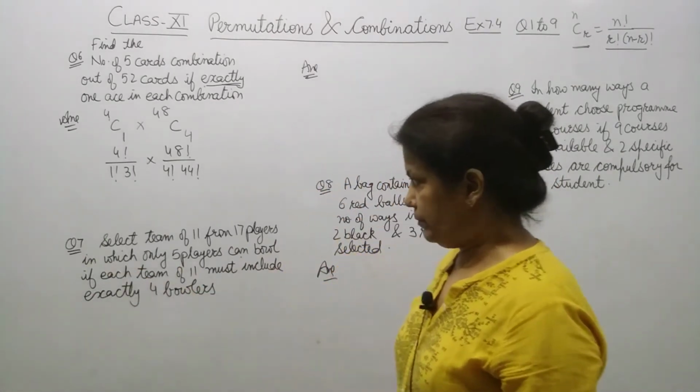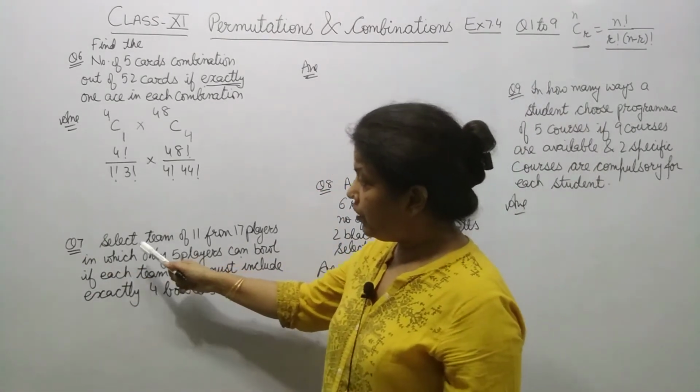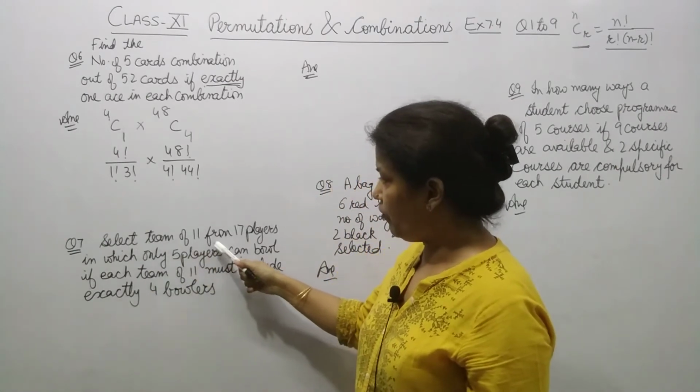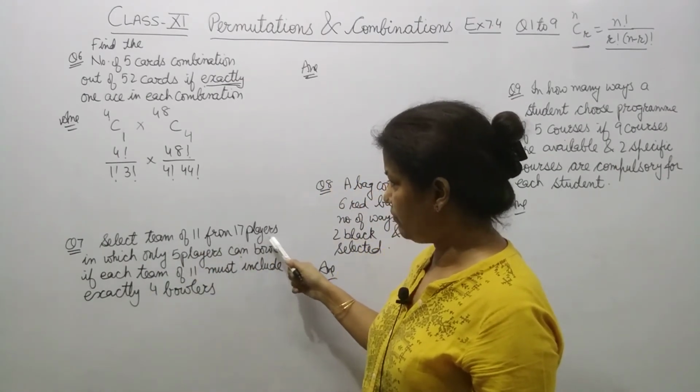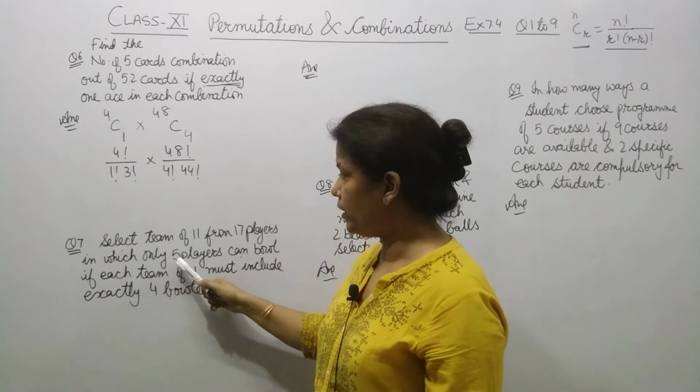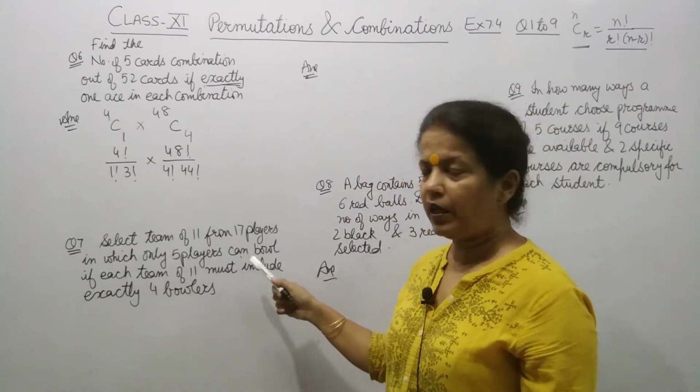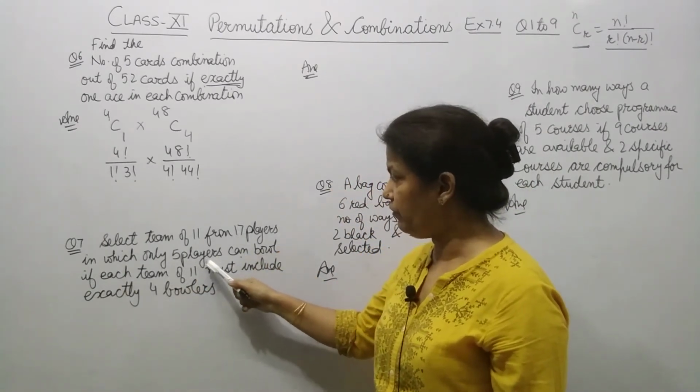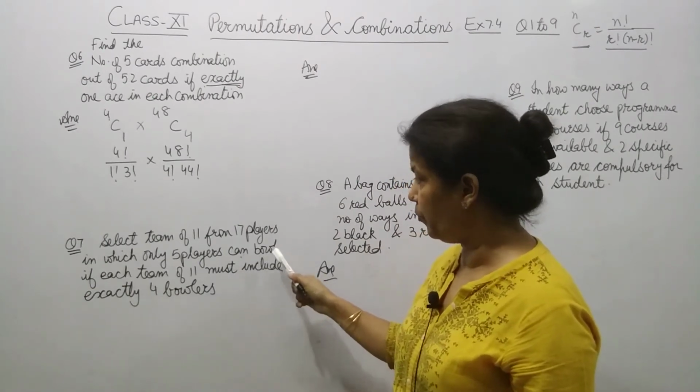In question 7, select a team of 11 from 17 players, in which only 5 players out of 17 can bowl.